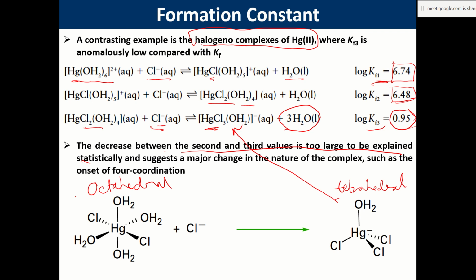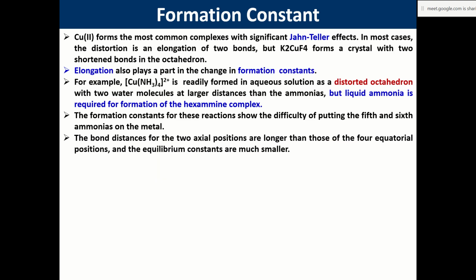So there is a change from a 6 coordination system to a 4 coordination system, which leads to a decrease in the formation constant, that is, a less stable complex is formed.